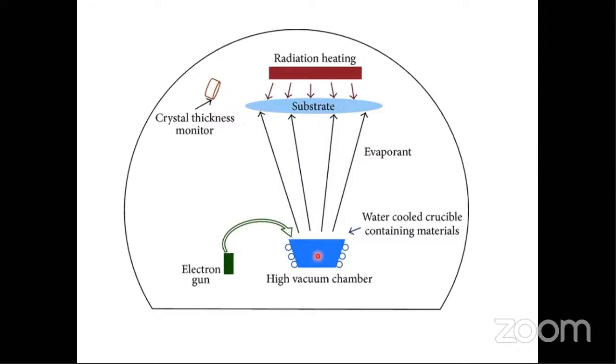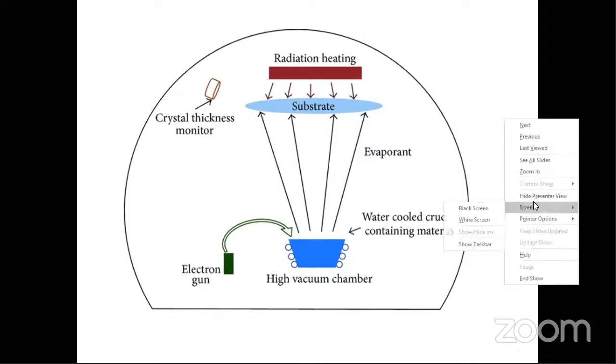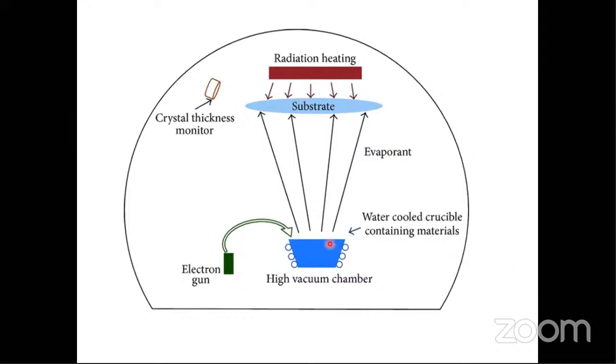Here is an electron gun, and we apply a magnetic field so that the electron beam gets circulated and focused on this container. Once the high energy electron beam is incident on this material, it gets evaporated and deposited over the substrate. Due to this high energy electron gun, the material gets heated very quickly.